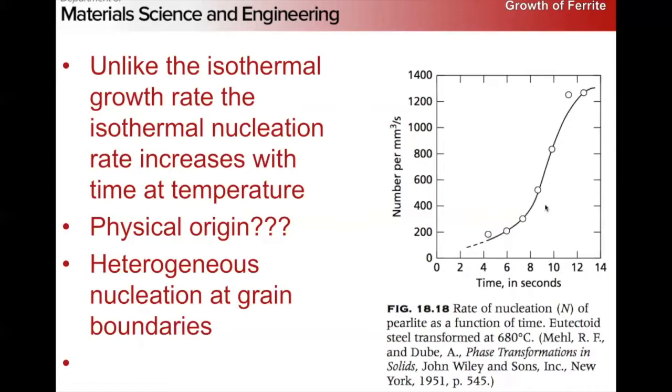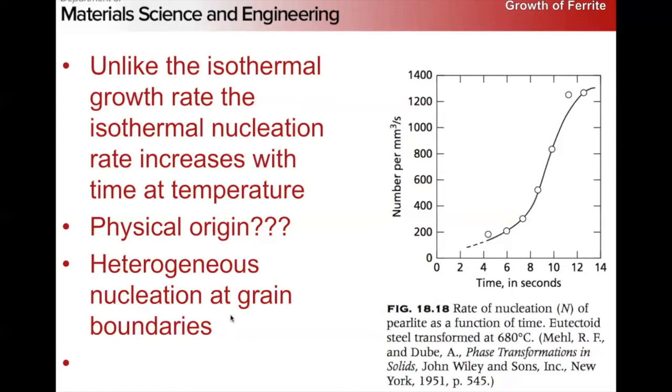We get the sigmoidal. So the longer we hold, the number of new nuclei that we have starting increases, right? And so I want you guys to think about the physical origin of this, right? We'll talk about it, but I want you to ponder it for a little bit.